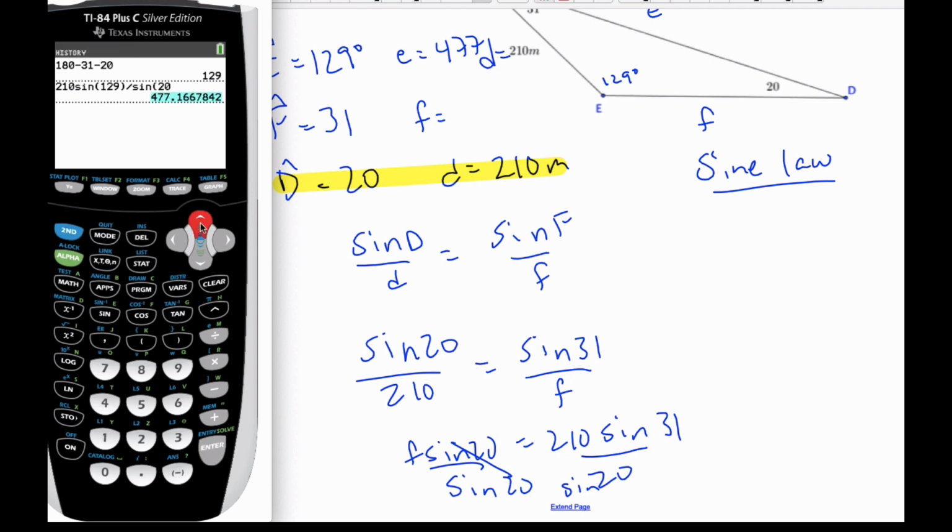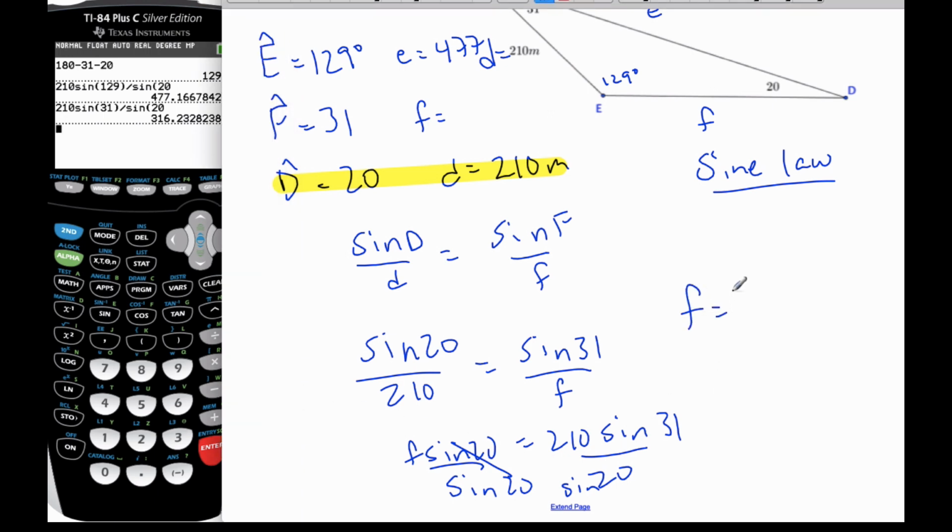I can probably do it a little bit quicker and just call this back, and on top of this, type 31. That gives me F is equal to 316 meters, to three significant figures.